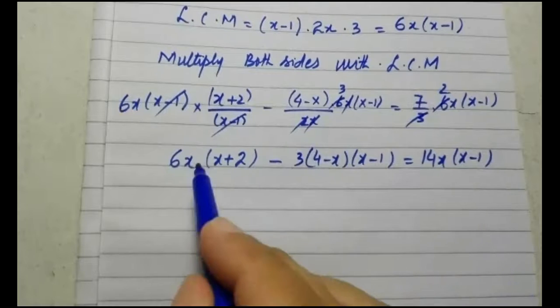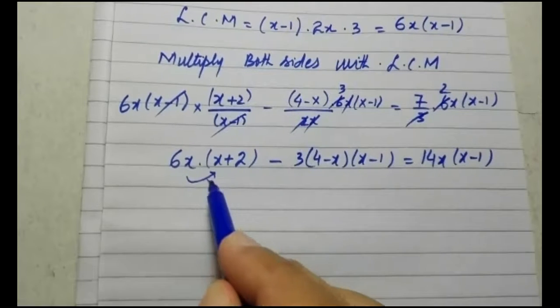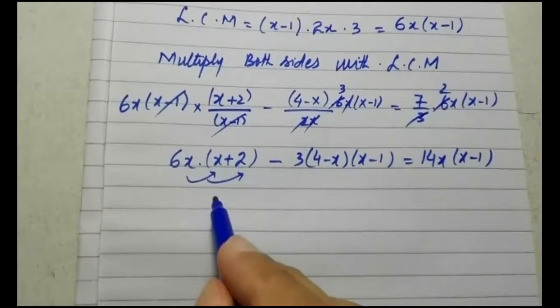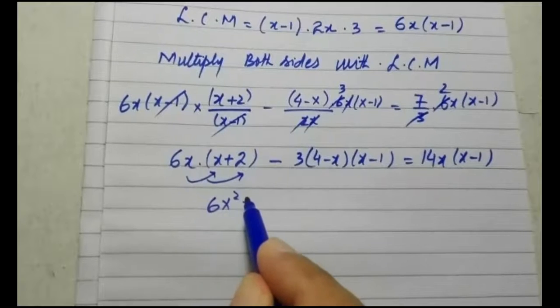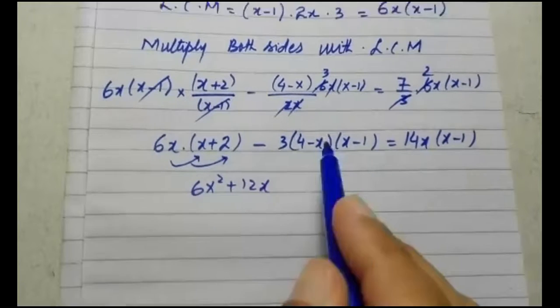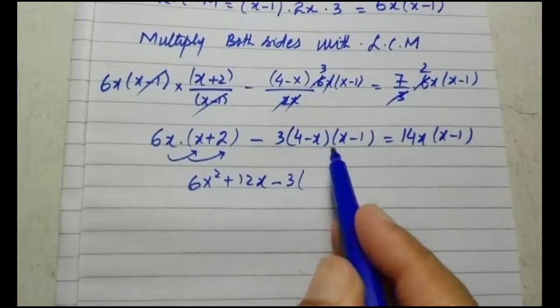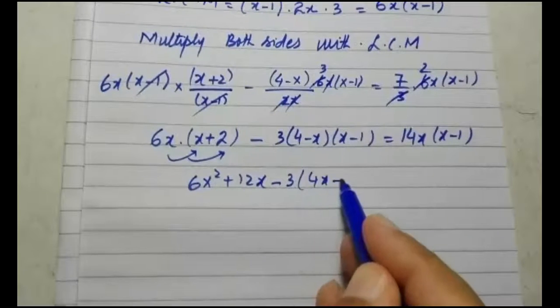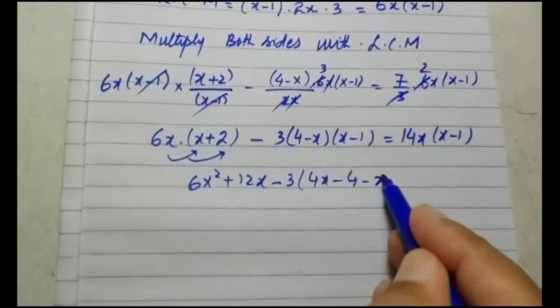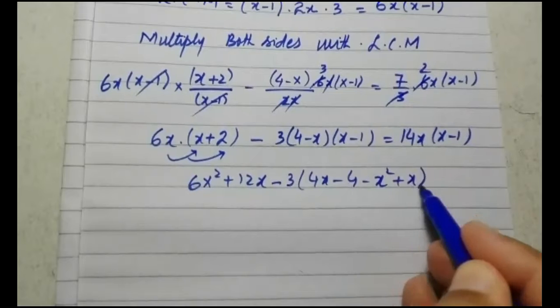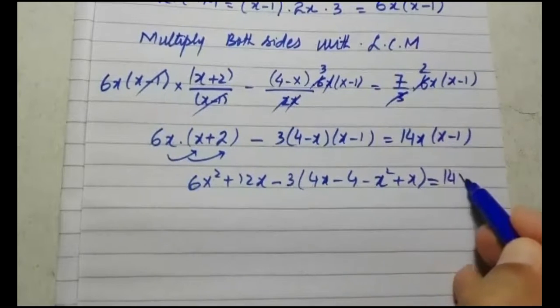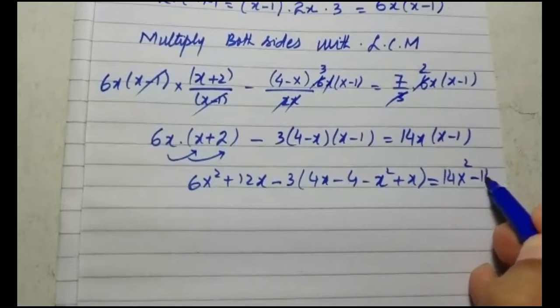Now you can simply multiply these numbers and simplify, like 6x here plus 12x. Keep 3 outside. First multiply these two brackets, like 4x minus 4 minus x square plus x. And on the right hand side you will write 14x square minus 14.